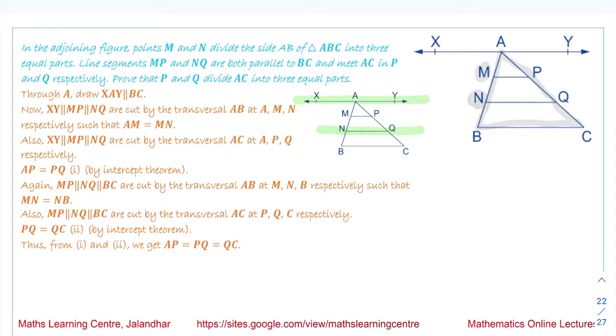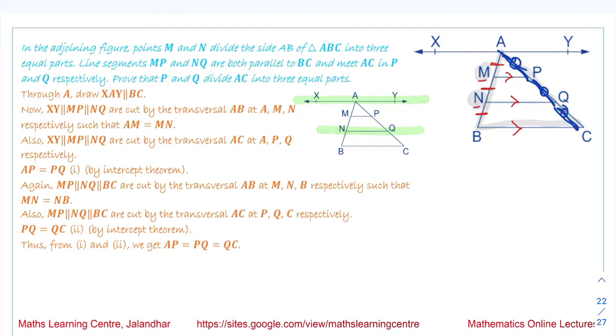So it is given that these three lengths are equal to each other, and the line segments MP and NQ that you have drawn are both parallel to BC. Then we have to prove that P and Q divide AC in three equal parts.